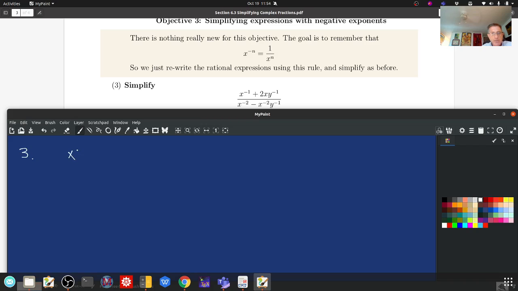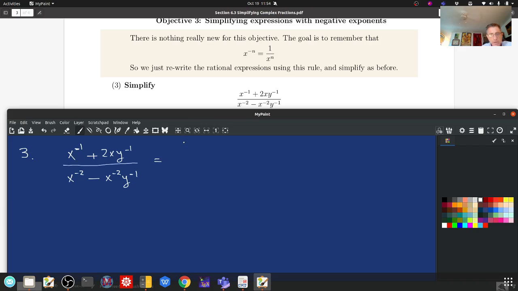So the first thing we will do here is we have to change this expression using exponent rules into a complex fraction or a rational fraction. And we have, what is that, x to the minus 2 minus x to the minus 2, y to the minus 1. So let's make the change.